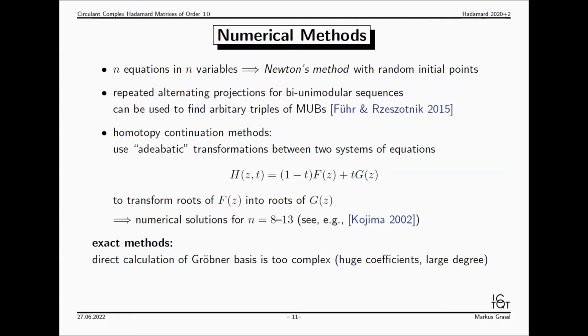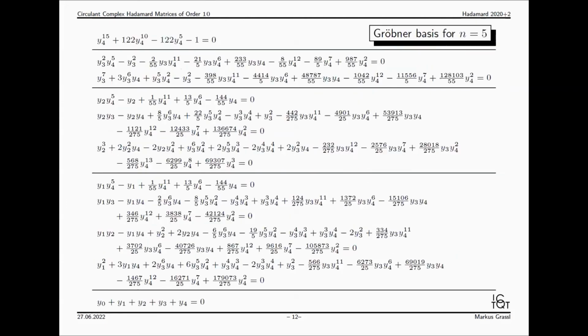Just to give you a bit of an idea, I'm saying it's huge coefficients, large degree. That is what the dimension 5 problem, which was this innocent set of equations, looks like when you calculate a Gröbner basis with respect to lexicographical order, which allows you to solve explicitly for the solution. I have here one equation of degree 15, only involving y4.